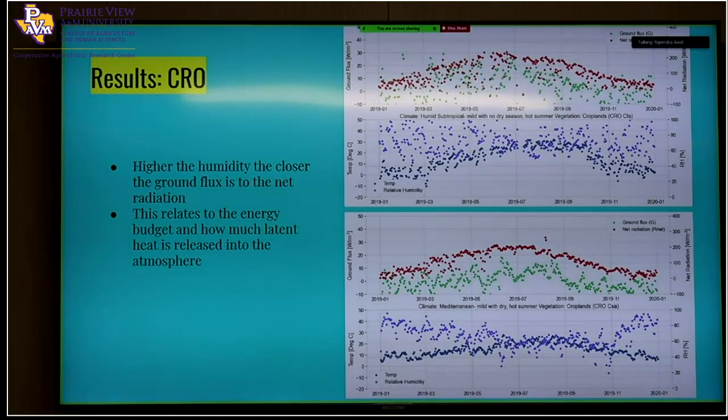In croplands, we can see that areas with drier climates have a higher difference, even with a lot of cover. Thus, the climate conditions really impact what the difference between the net radiation and the ground flux values are.